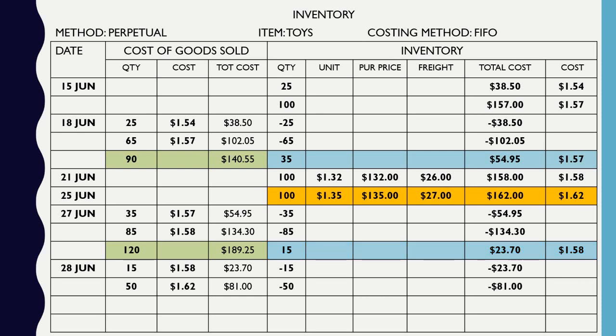Then, because I took 15 and I sold a total of 65, I have to take 50 more from my orange batch. If I take that 50 out, I should have a remainder of 50 from the orange batch, costing a grand total of $81 even. Okay.